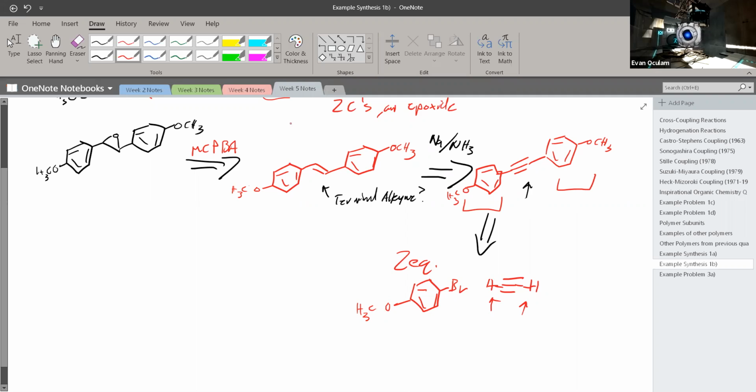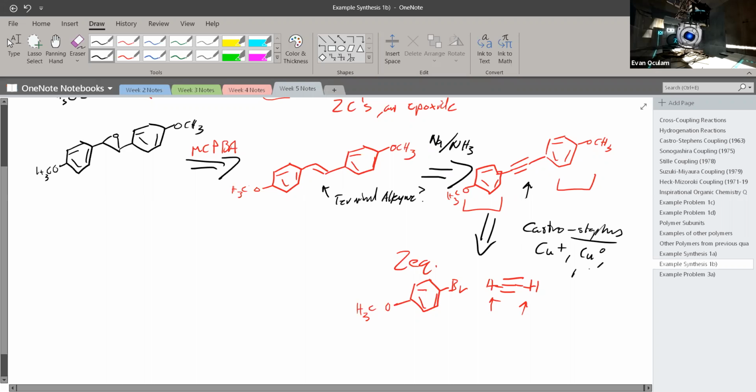And we can do that possibly using the Castro-Stephens approach. So in this case, Castro-Stephens, and we can use copper metal, and let's try triethylamine right there.